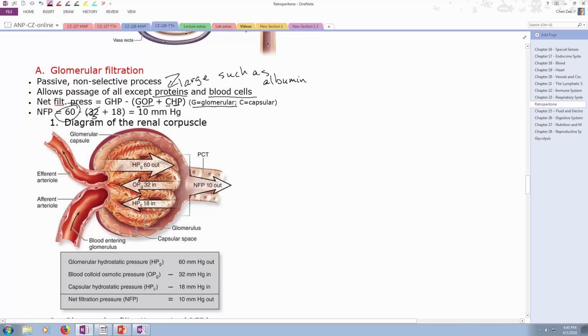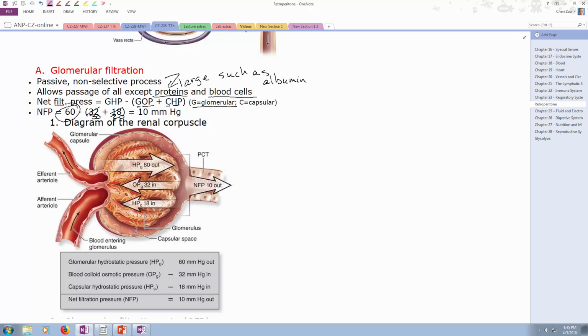We're going to make it easy, and we're going to make it 30. And capsular hydrostatic pressure, or back pressure, we're going to make that 20. In the old exams, the glomerular hydrostatic pressure was 55. We're actually just updating some of our numbers a little bit, but I like to round them up to something easier to remember.